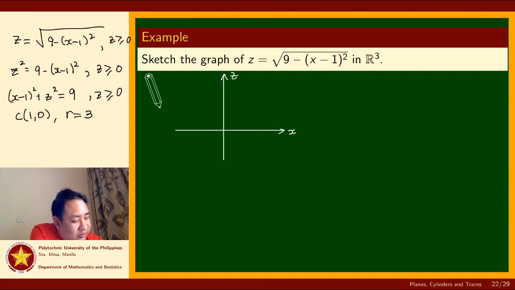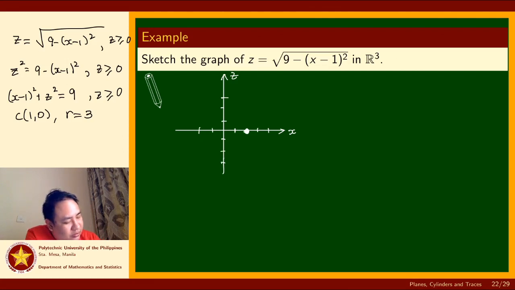It is here. Okay, this is the center, and the radius is 3.